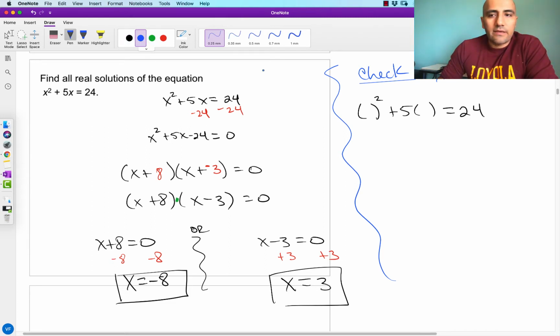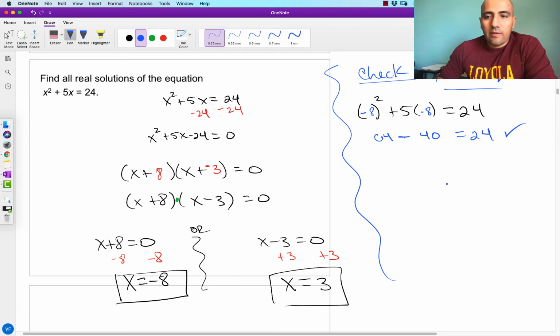And I'm checking if, in fact, the negative 8 is one of the answers. Minus 8 squared, that's going to be 16. I'm sorry, 64. Negative 8 squared is 64. And then 5 times negative 8 is going to be minus 40. And yep, that does in fact equal 24. So negative 8 was fine. That is definitely a valid substitution that gives you a true statement.